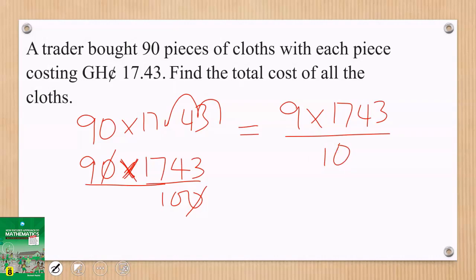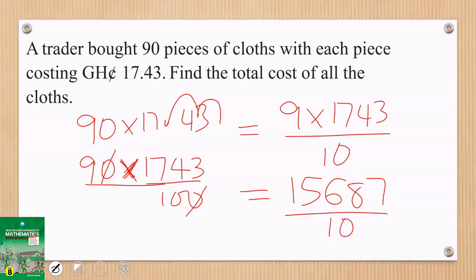Now I'm going to do 9 times 1743, and we can do it using any of the methods we've learned, either the lattice approach or the expand and box approach. Anywhere you go, you get the same answer. So try any of them, and this is your answer. So we are going to have 15687 all divided by 10.